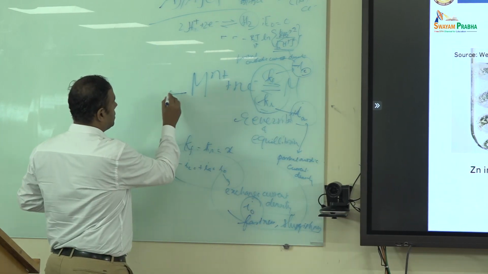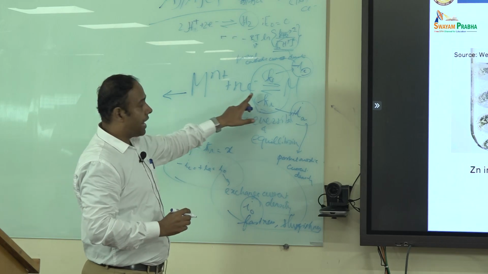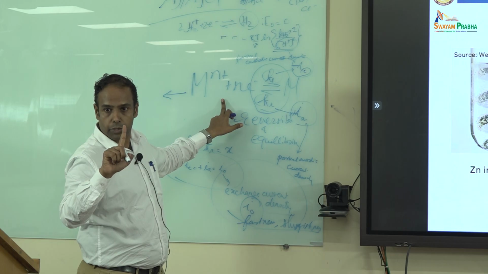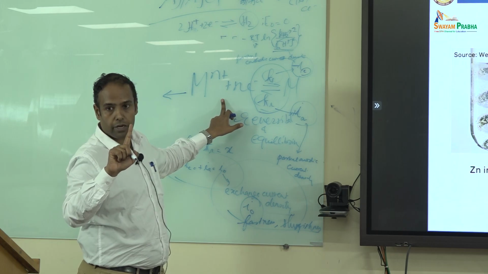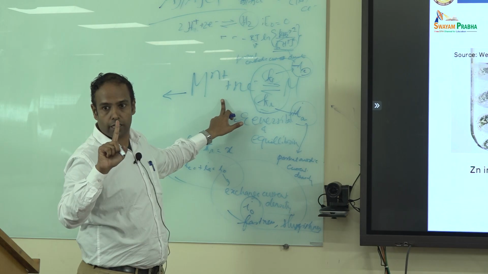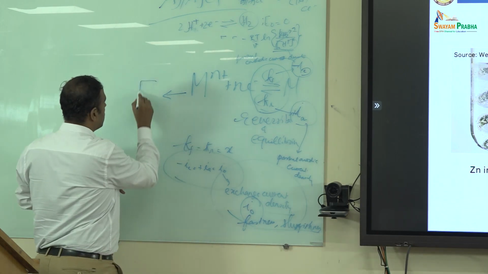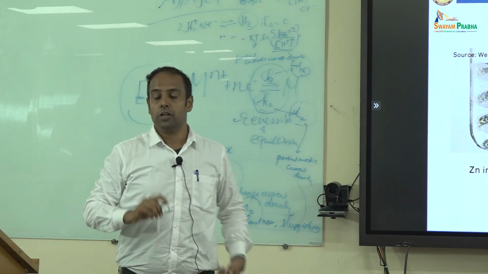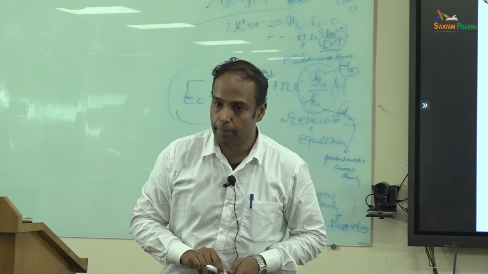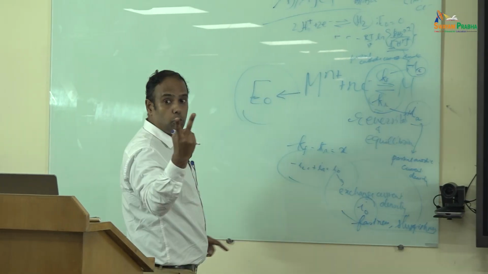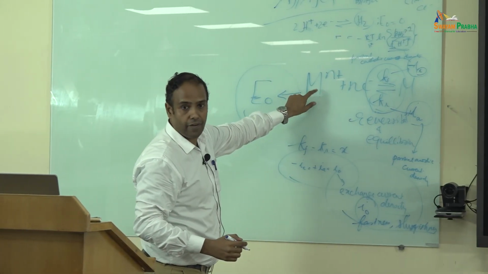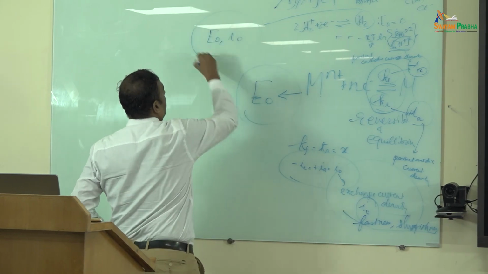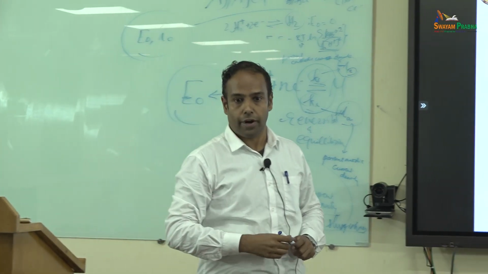Now, if this is a reversible reaction at equilibrium, it should have one value of potential. Remember 2H+ plus 2 electrons forward and backward to H2, you said the value is 0. What is that value? This value is the E naught of this particular reaction. So in equilibrium reversible conditions, you have two parameters, E naught and I naught of that particular reaction, right.